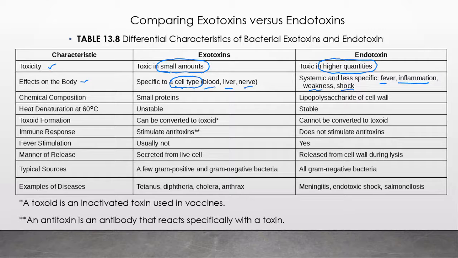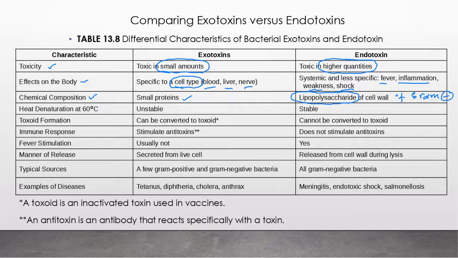And then the chemical composition for the exotoxin is small proteins, while this one is actually lipopolysaccharide of the cell wall. Just remember, this lipopolysaccharide is only present on the cell wall of gram-negative bacteria.